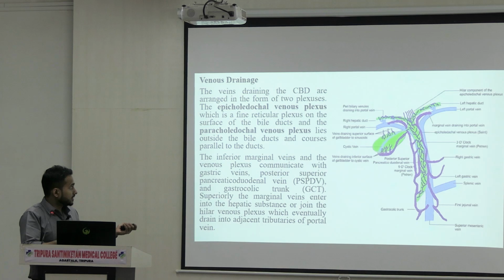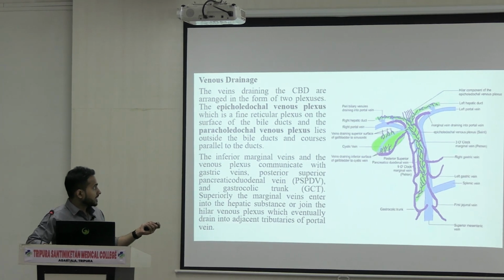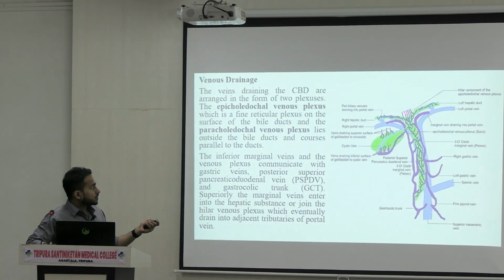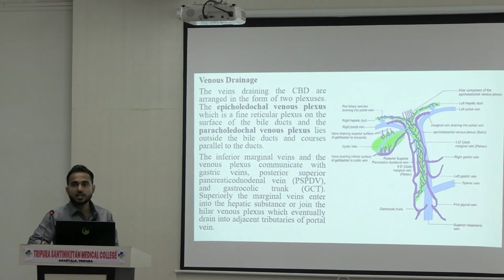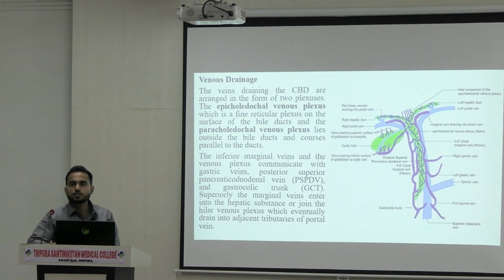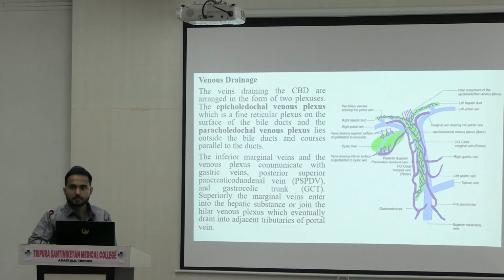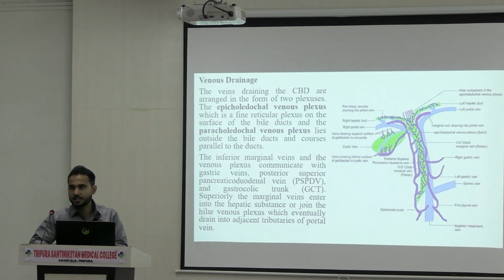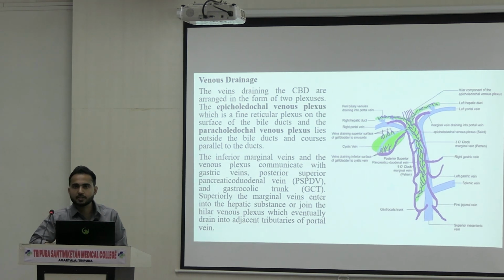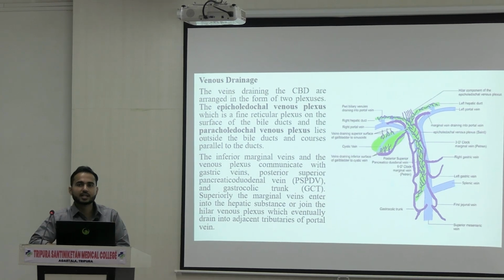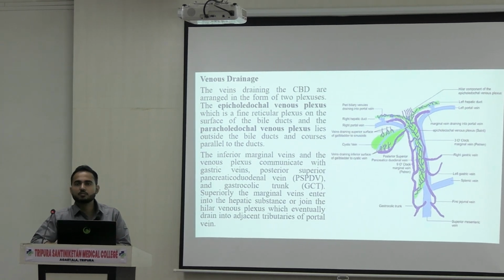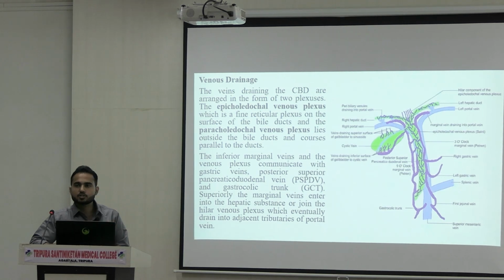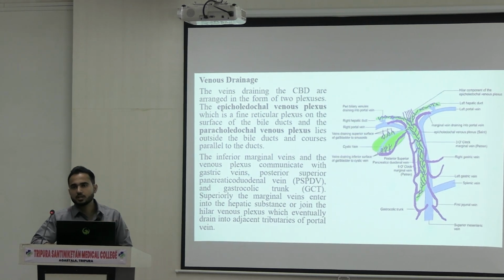You can see the hilar components of the epicholedochal venous plexus drain into some tributaries of the portal vein. So in venous drainage, two venous plexuses are there, and whatever blood is draining, superiorly and inferiorly the direction is different, but ultimately it reaches the tributaries of the portal vein and then goes to the liver.